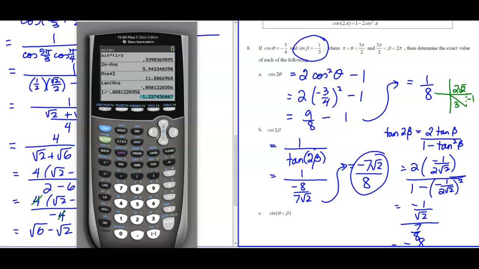I doubled it to get this. Took tan of it to get this, and then 1 divided by that, I got the same answer. So you can't check it, but if you give me a decimal answer, right, without any work there, you're not going to get any marks actually. Okay. You can check the work.